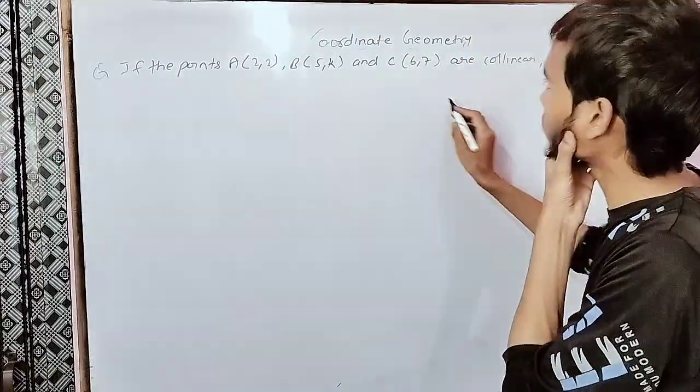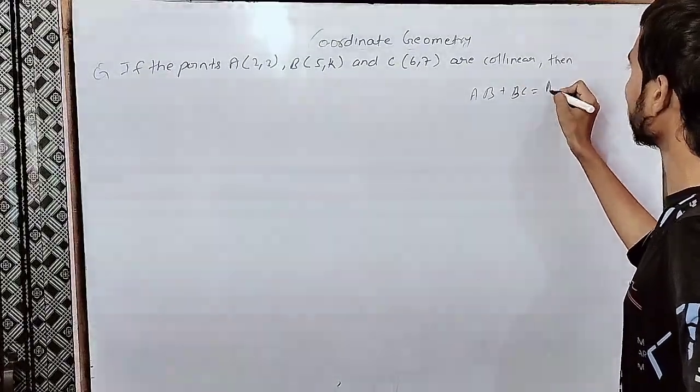If these points are collinear, then AB plus BC is equal to AC.